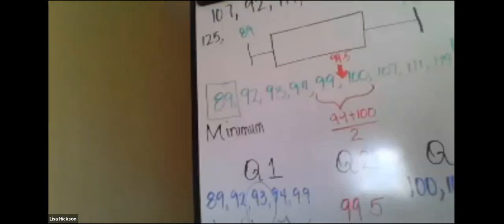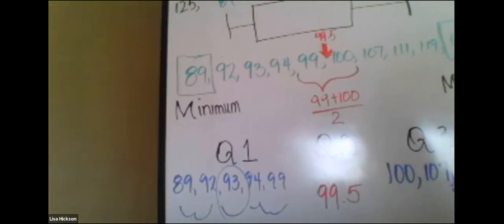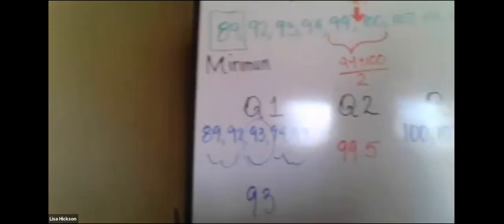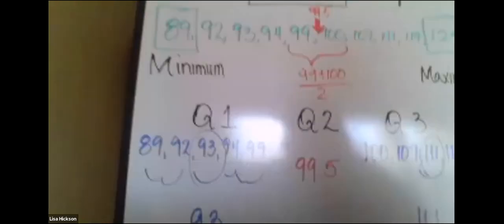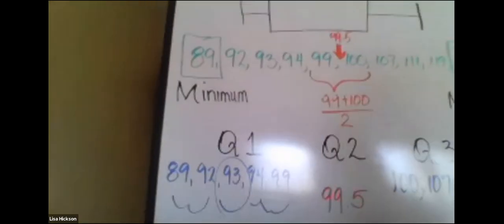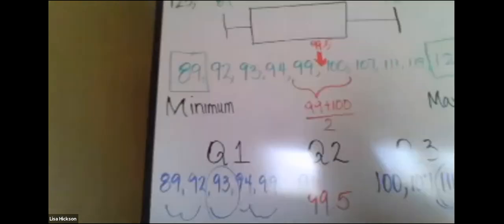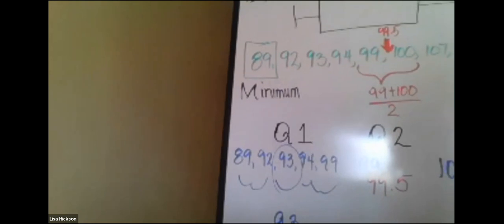And now here are the other three. The middle of the lower quartile was 93. The middle of the upper quartile was 111, and the median was 99.5.